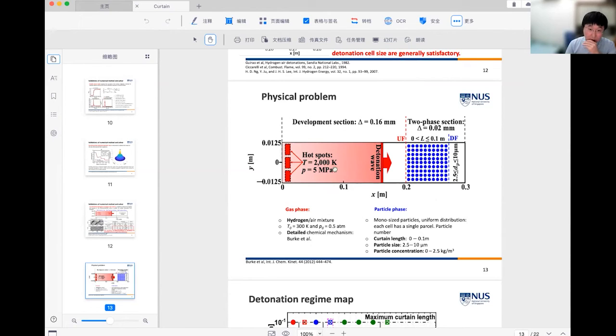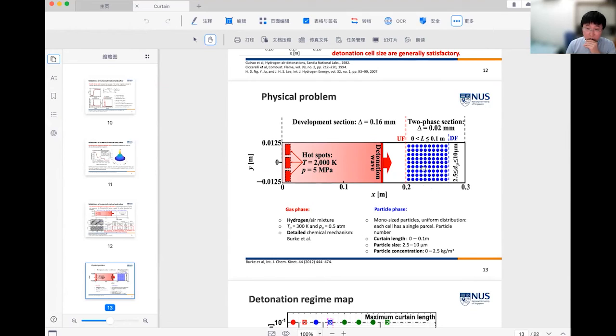The whole domain is filled with stoichiometric hydrogen air mixture with initial temperature 300 Kelvin and initial pressure 0.5 atmosphere. The detailed chemical mechanism is from Burke. And the particle phase is uniformly distributed in the two-phase section. The curtain length is no longer than 0.1 meters.